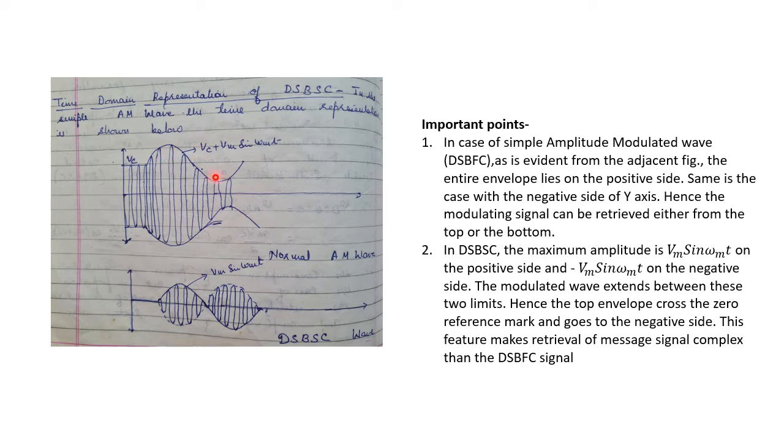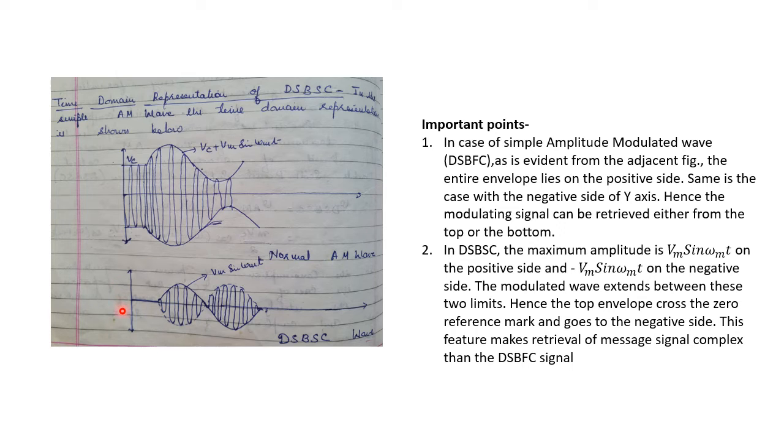This is the amplitude modulated wave on the positive side of the y-axis, and similar is the case on the negative side, where the full carrier component is present and we have superimposed the message signal on it. So on the positive half the complete envelope is present, and on the negative half also, and this is the case of double sideband and full carrier wave.